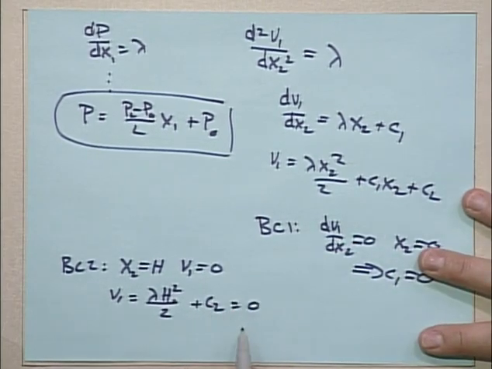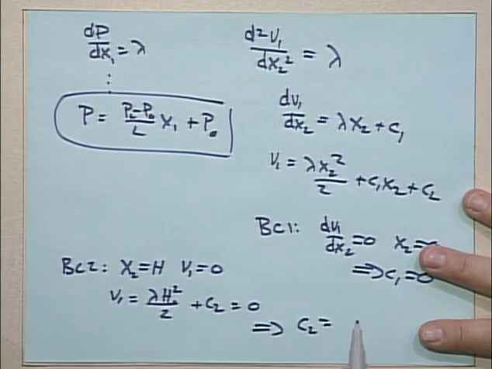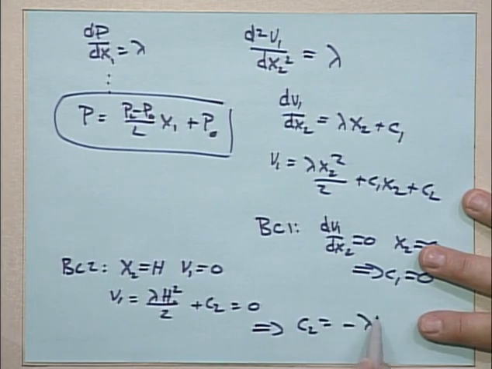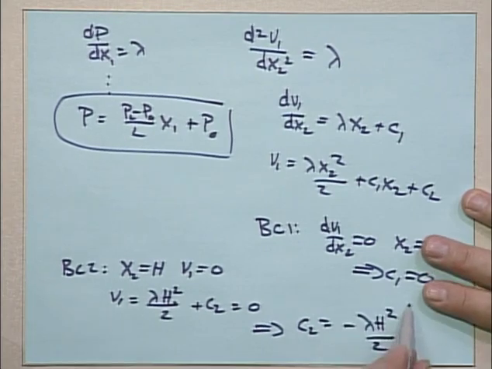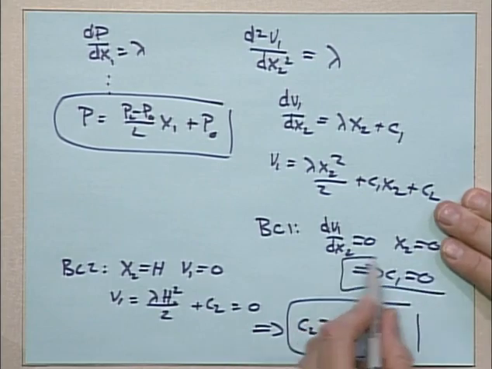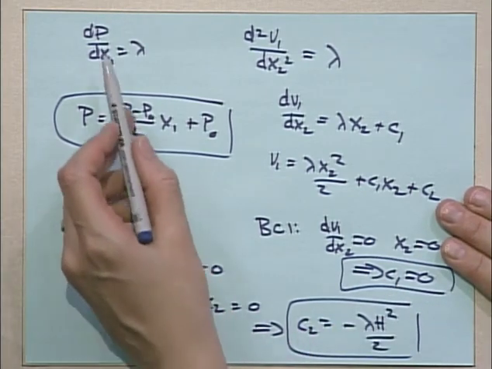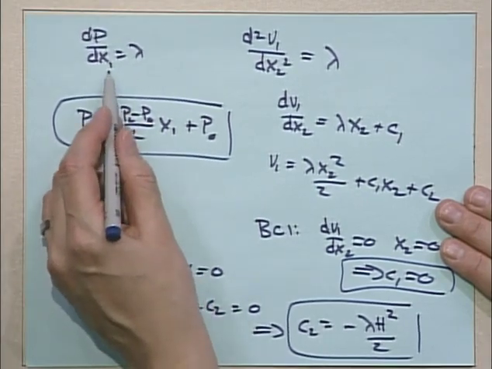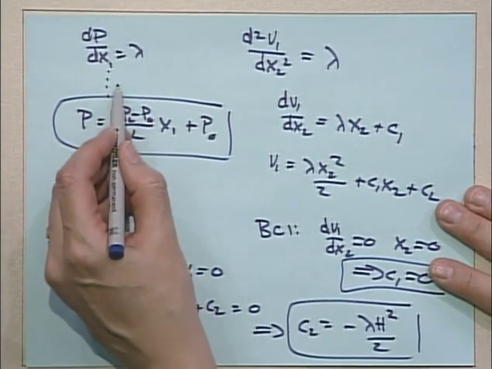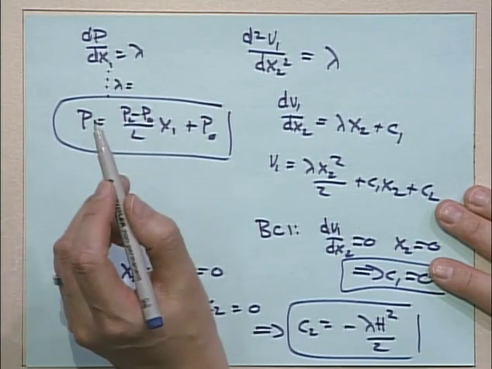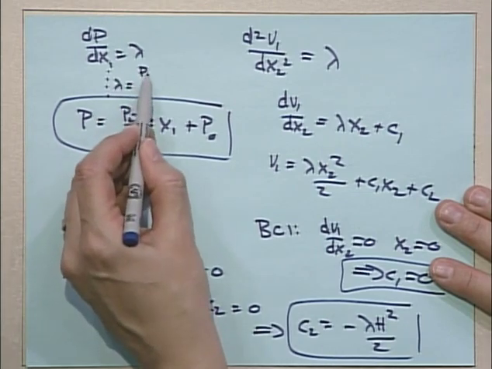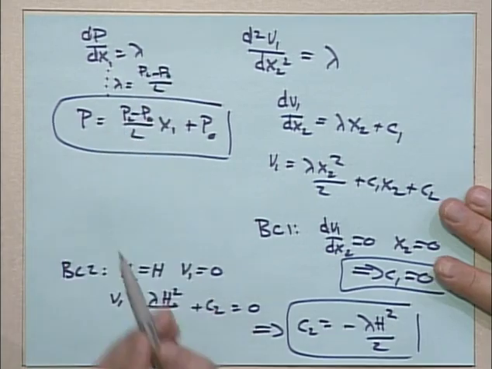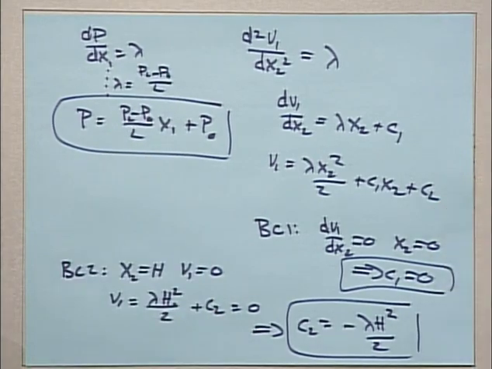So therefore, C2 equals minus lambda h squared over 2. And lambda we get from here. dp dx is lambda. In the course of this, where I left out some steps, we solved for lambda. Lambda is equal to PL minus P naught over L. Some more algebraic steps and we're done.